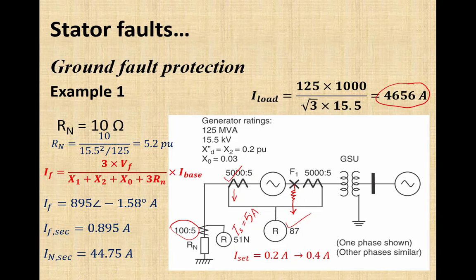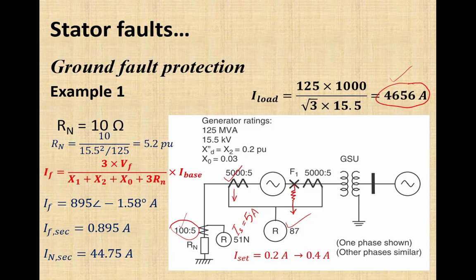But here the CT ratio in the neutral circuit is independent from this normal load current, because the neutral does not carry any current during the balanced operation of the power system, and it will carry only the leakage current or the third harmonic current, or you can say unbalancing current, zero sequence current, which will be negligible during the normal operation.